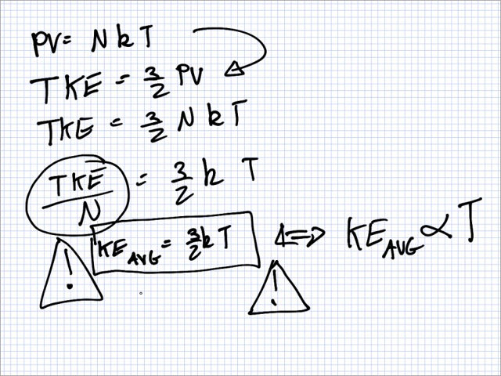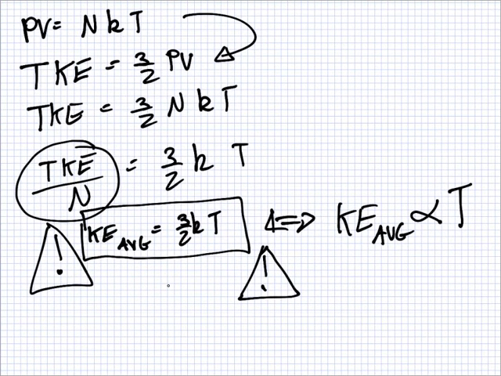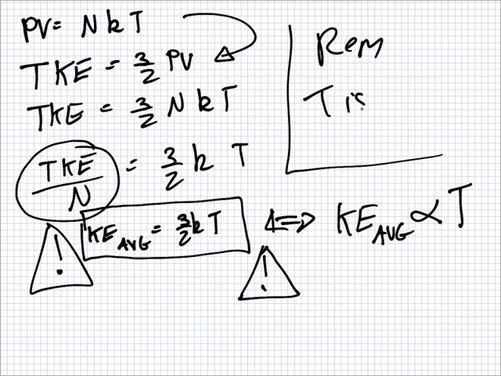Anyway, this is the result, if you can write that down, and we'll look at the meaning of this. And remember, T is in kelvins. We're using kelvins now. Here, it's so important it needs 3 exclamation marks.